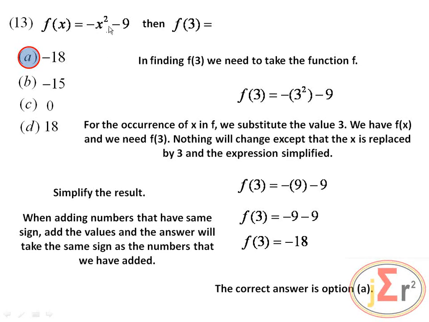When we square the number, whether positive or negative, the result will turn out to be positive. Then we have to apply the negative sign after. Because the square is always positive, after applying the negative sign, we are guaranteeing a negative value all the time. And that is why we have a negative 9 right here.